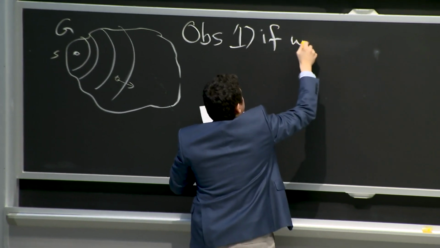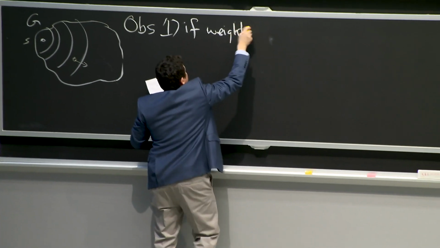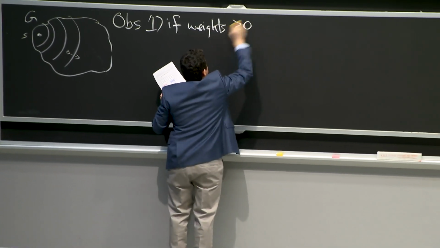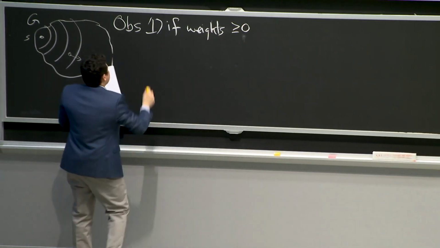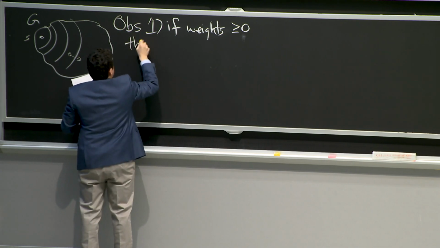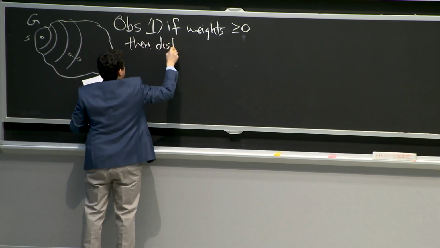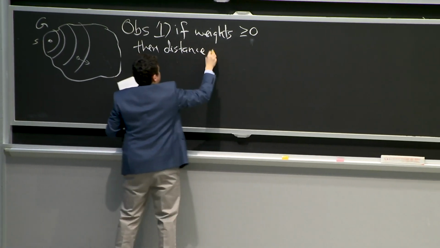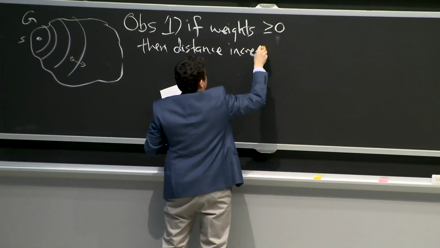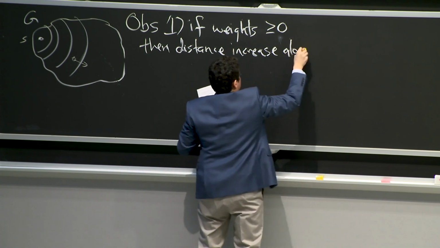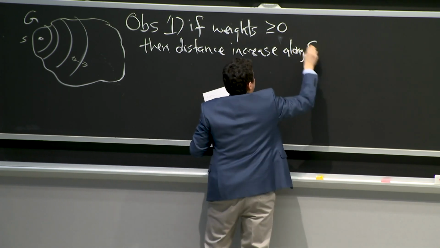If weights are greater than or equal to 0, then distances increase along shortest paths.